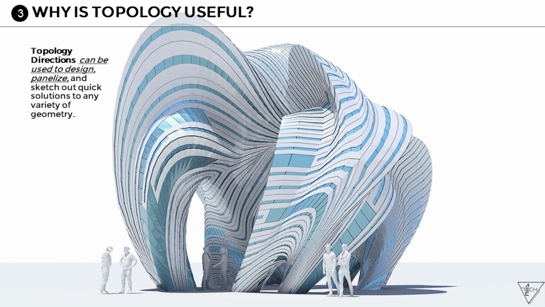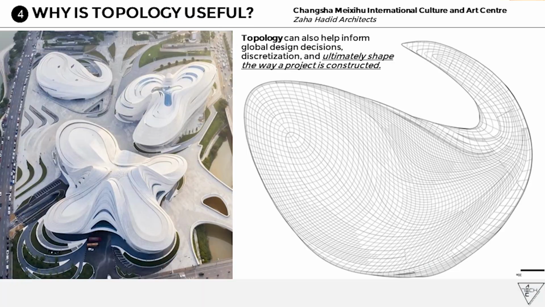It's a particular trick that's very simple, but underused in a way. It exists in some projects today, but it's also the idea of, instead of brute forcing a couple ideas, we can look at the geometry and extract much more control over it. For example, Zaha Hadid's International Culture and Arts Center in China, I believe, is an example of that. And then we start to see how the topology gets subdivided in regions where they need it.